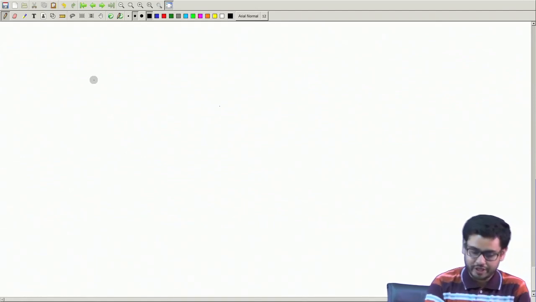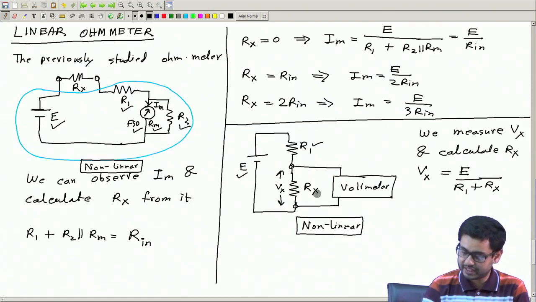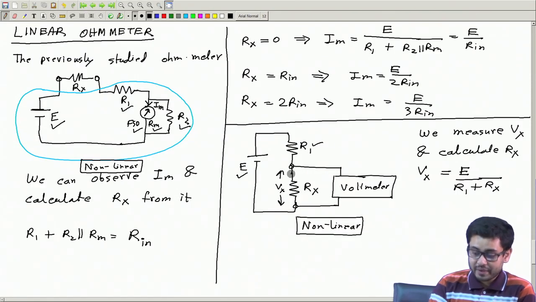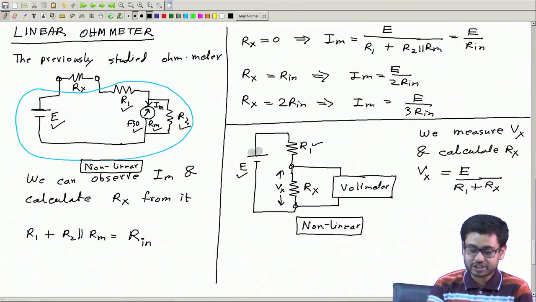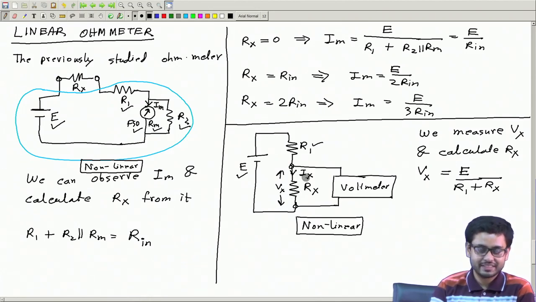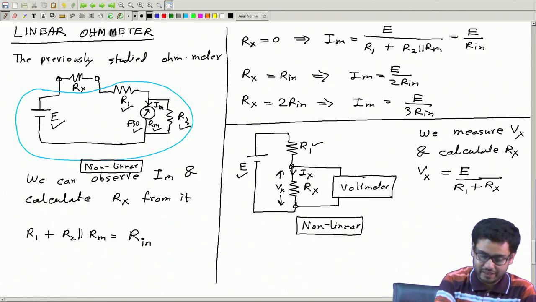In the previous circuit, we are measuring the voltage across Rx, and the current that flows through Rx is generated by a constant voltage source. But if I can generate this current, call it Ix, from a constant current source so that Ix is constant, then something nice will happen.